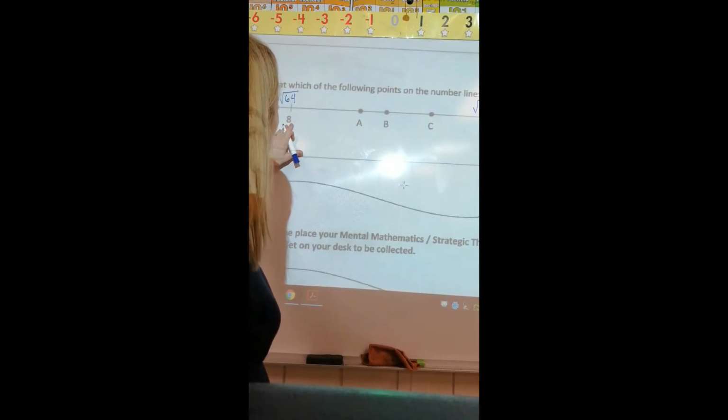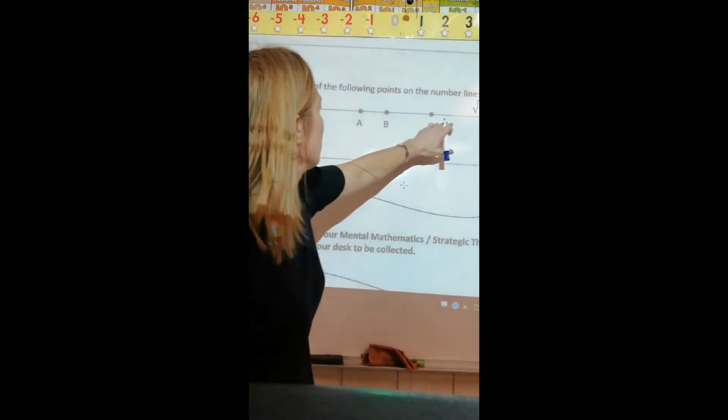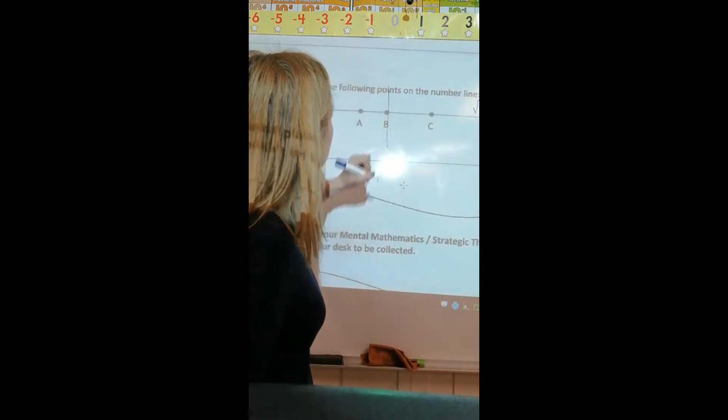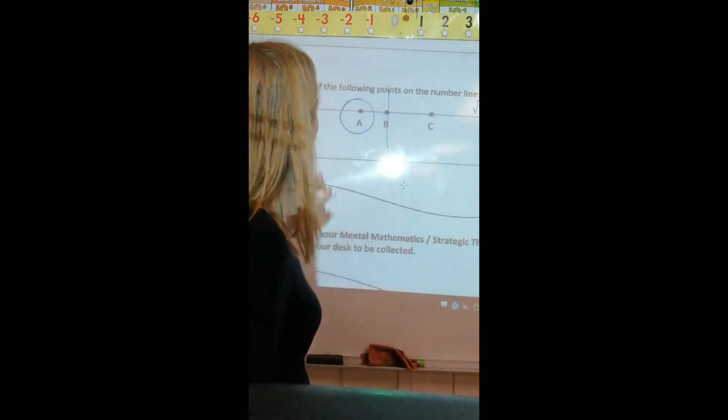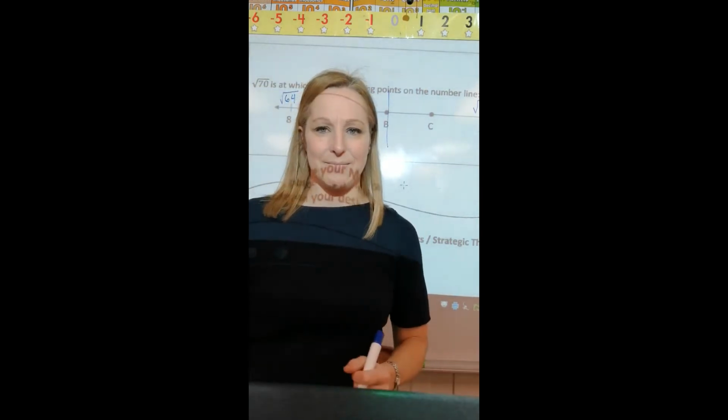So if I look, 70 is much closer to 64 than it is to 81. This is the midpoint, so I must be looking at A.